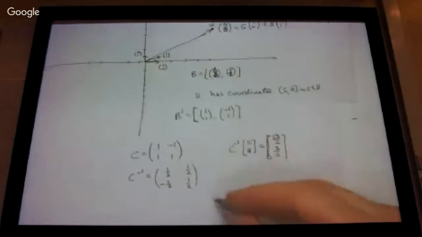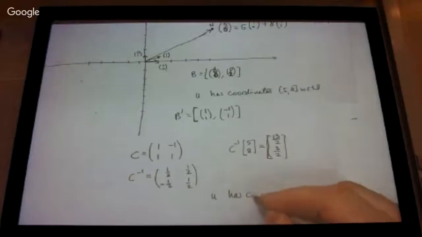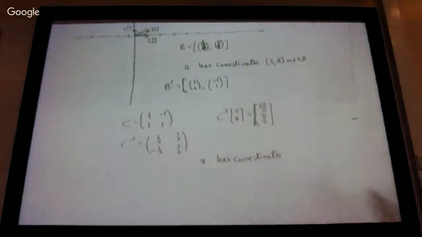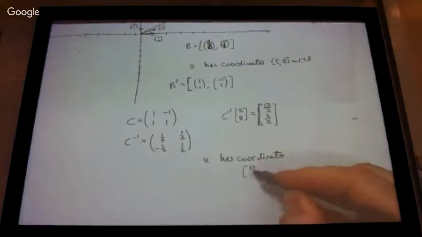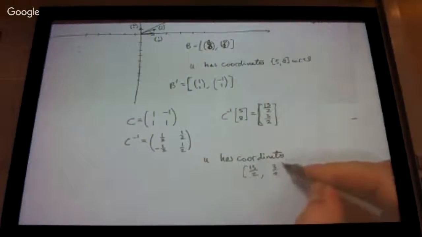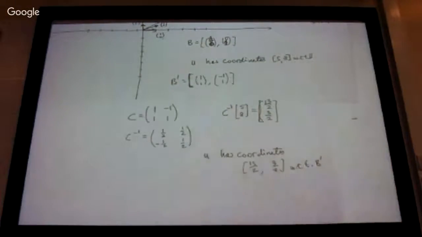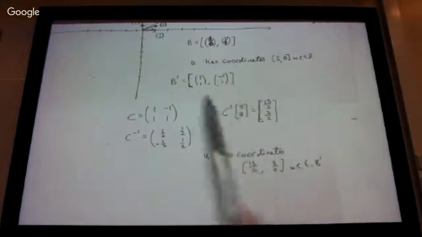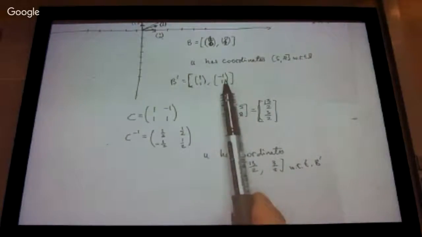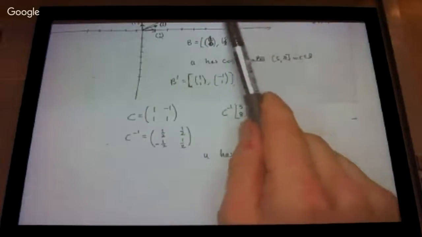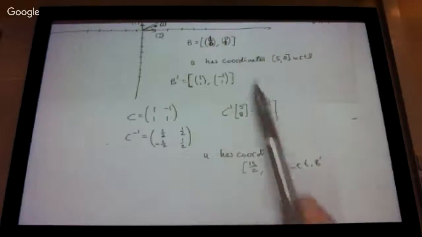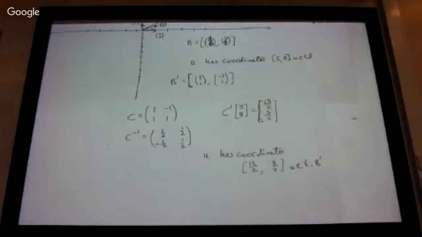Okay, so u has these new coordinates, 13/2 and 3/2, with respect to the new basis. Because if you do 13/2 times this, and 3/2 times this, you get 13 minus 3 is 10, 10/2, that's 5. Oh yeah, that's what we wanted. And this one should be 16/2, okay, that's 8, that's what we wanted. Okay, so that's how it works.